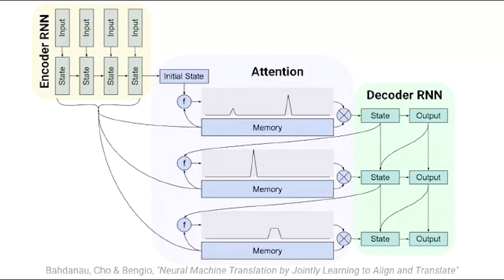This process is repeated until, for example, an end of sequence token is generated. So from the examples before, the input sequence, like the English sentence, would be passed through this encoder RNN to produce a sequence of hidden states. And then the decoder RNN would produce the French sentence, all the while attending back to the hidden states from the encoder RNN, which correspond to entries in the English sentence.